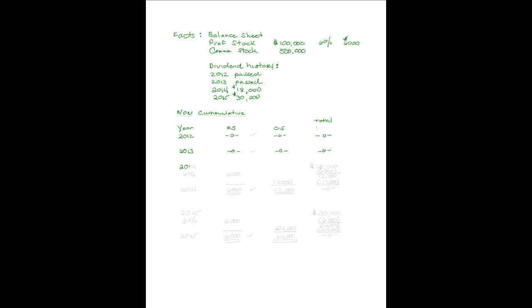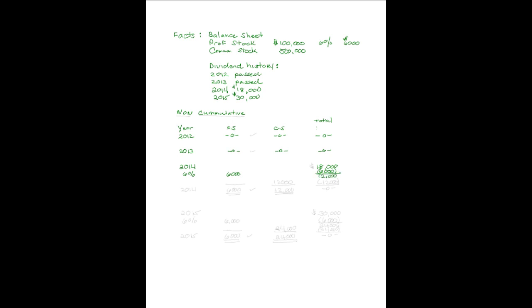2014, some more interesting. A dividend was declared in the amount of $18,000. Nice. First hit goes to preferred stock. They get their 6%. And that leaves $12,000 left to distribute.